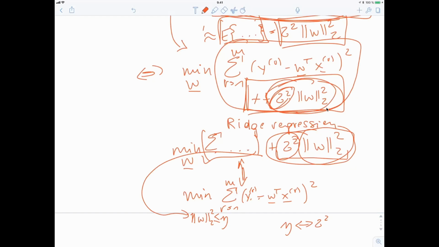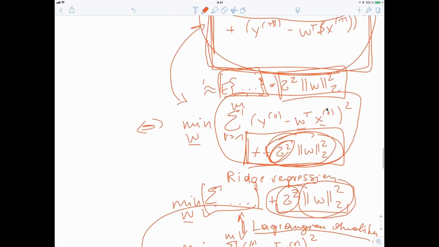And this equivalence is called Lagrangian duality. This is a core of many convex optimization courses. So I highly recommend, if you have time, to take one of those courses, I think the electrical engineering department offers them. So Lagrangian duality allows you to find out that minimizing this penalized training error, ridge regression, is essentially equivalent to training a linear model, but on a subset of all possible linear maps, in particular the subset of linear maps whose weight vectors satisfy this constraint.